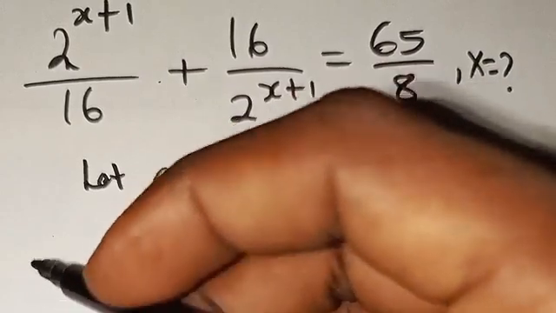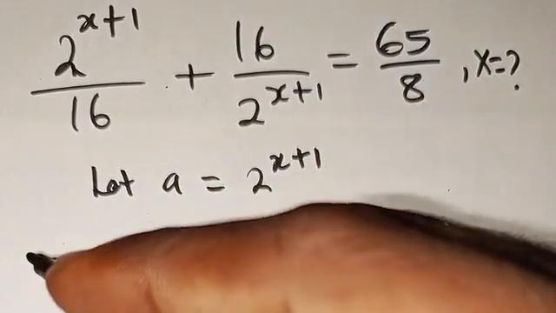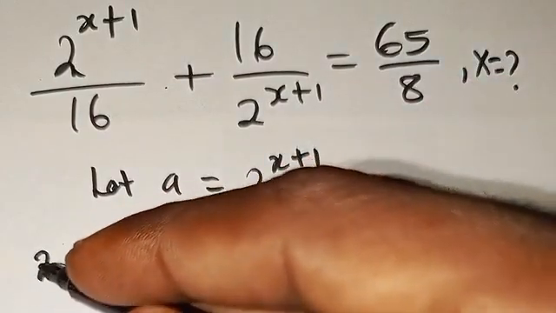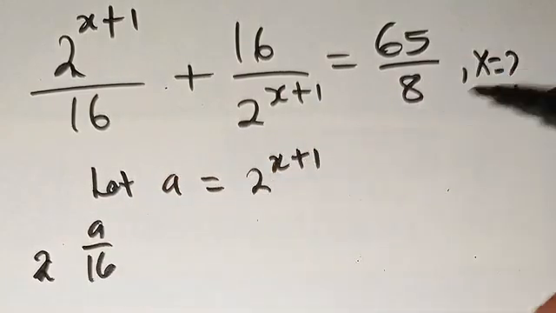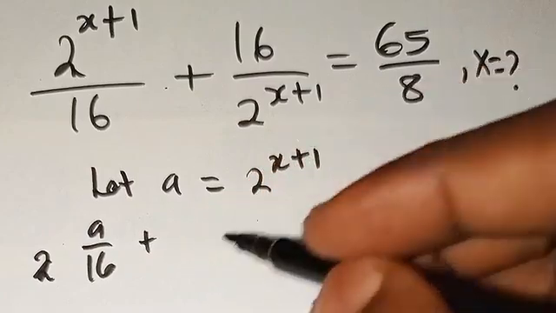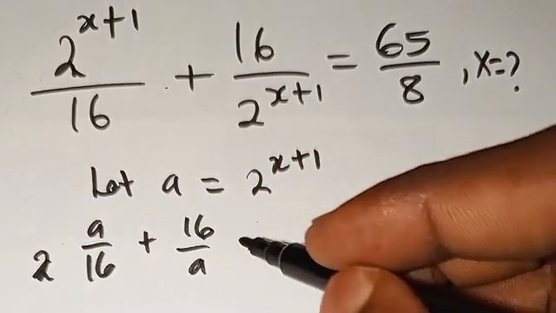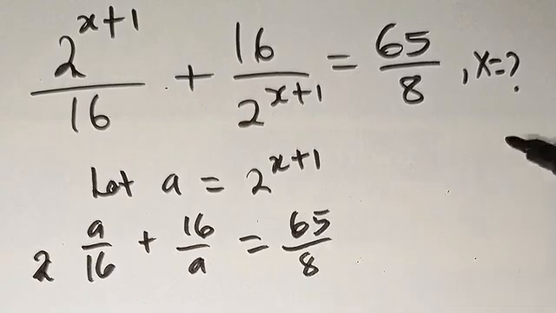So we're going to have a over 16 plus 16 over a equals 65 over 8.